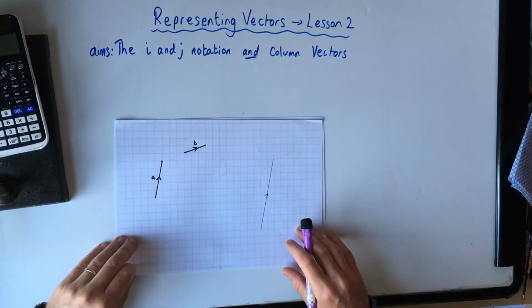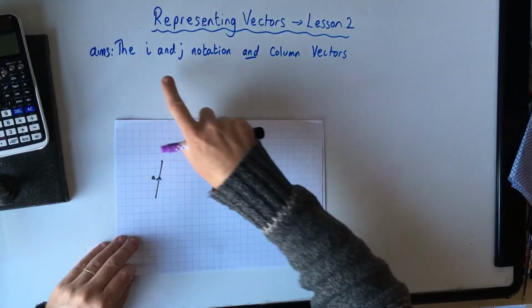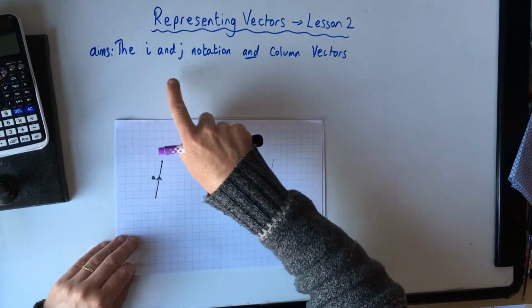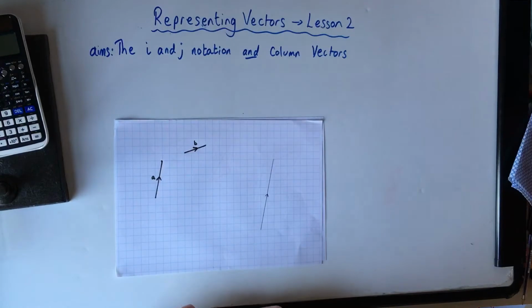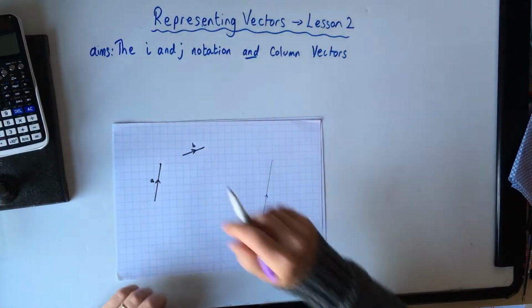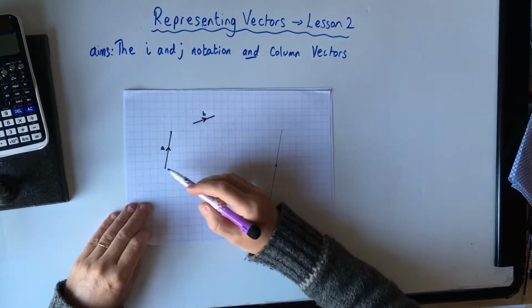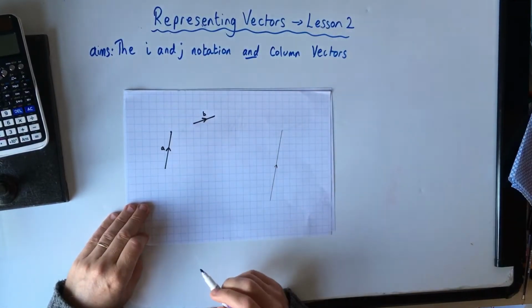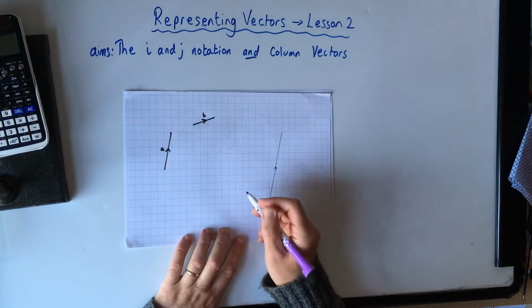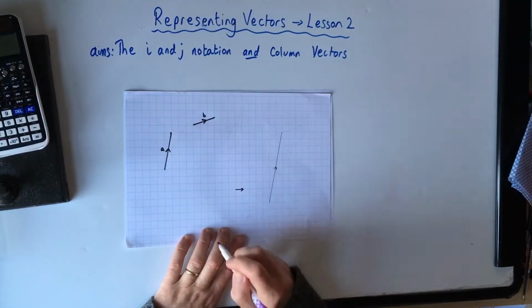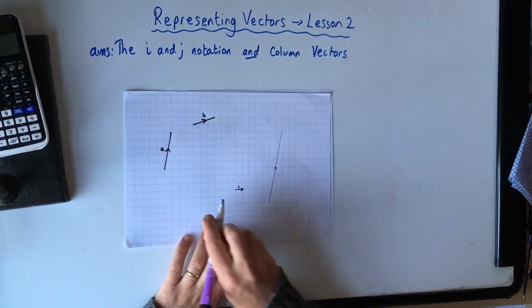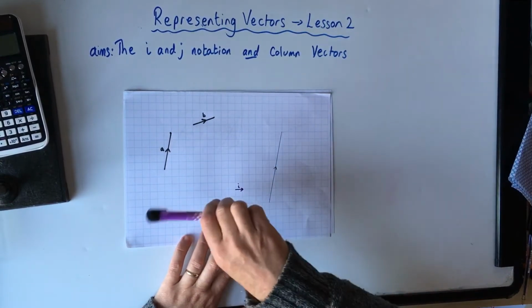Mathematicians do it in two ways. They're really the same way actually. The maths is all the same, but they're just written in a slightly different way. First of all, the i and j notation. In the i and j notation, i is 1 unit in the positive x direction.